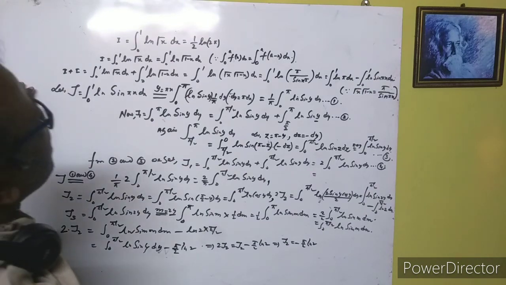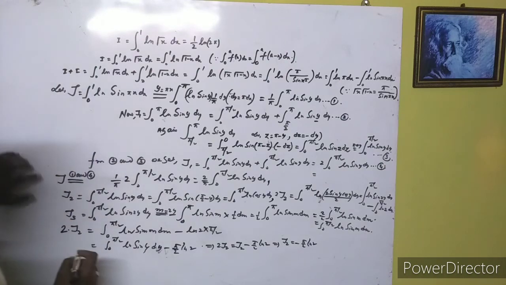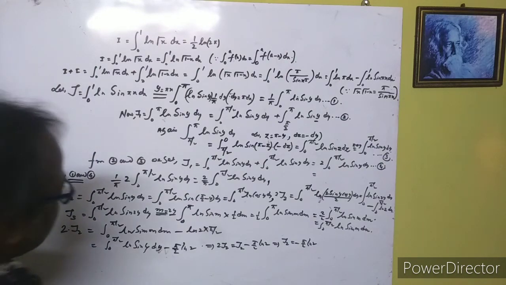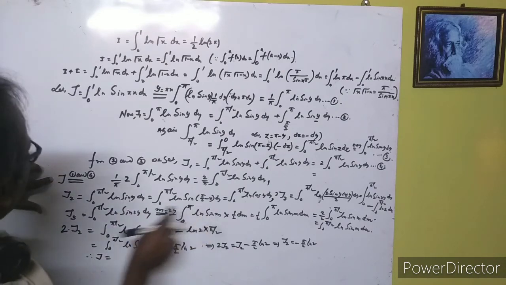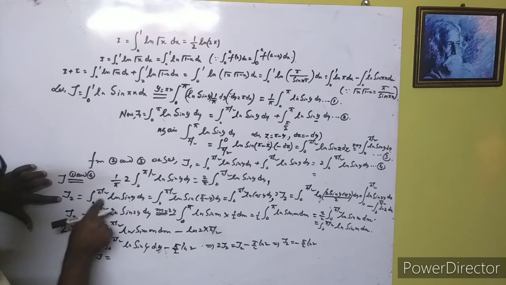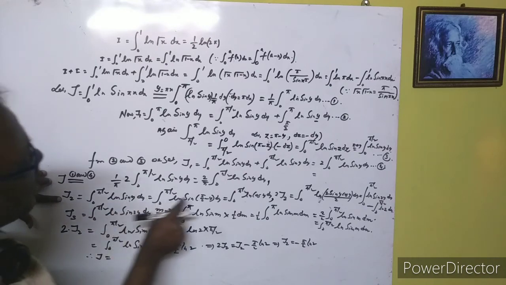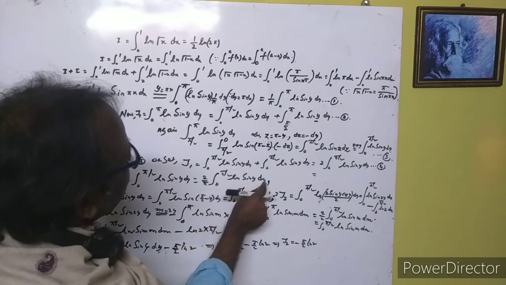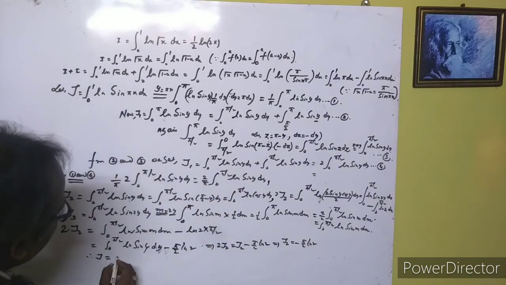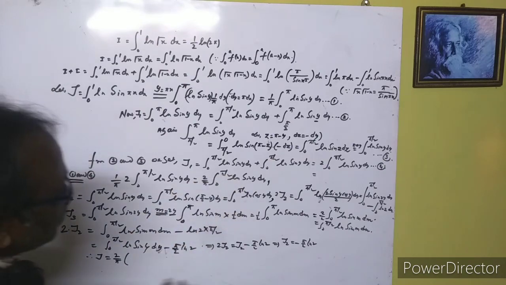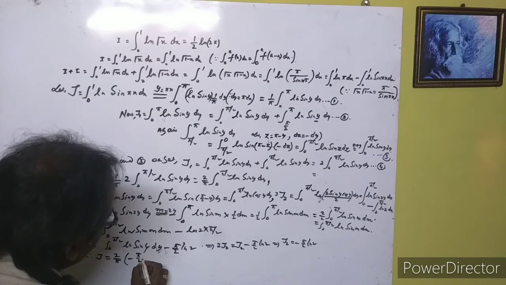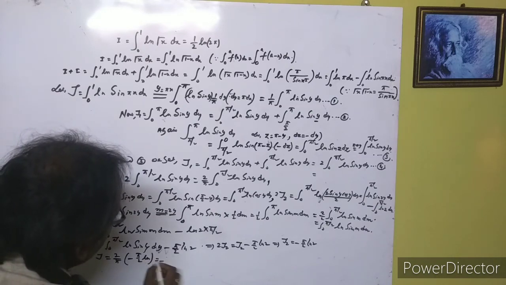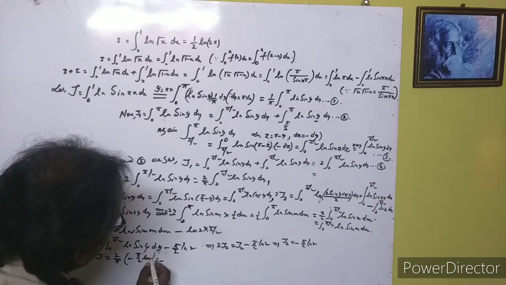and now this is here j. Therefore the j is equal to, see, j2 is integral 0 to pi by 2 ln sin y dy, this is j2. This is the value of j2. j2 is this minus pi by 2 ln 2, and that is only ln 2.